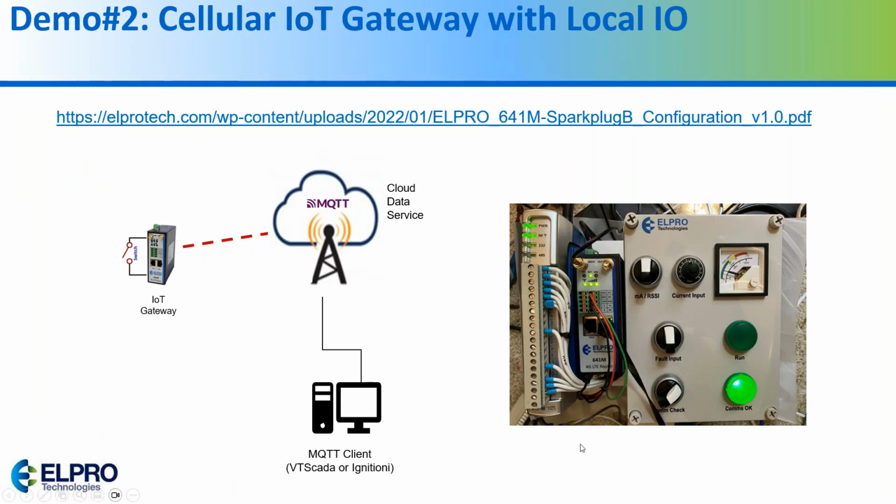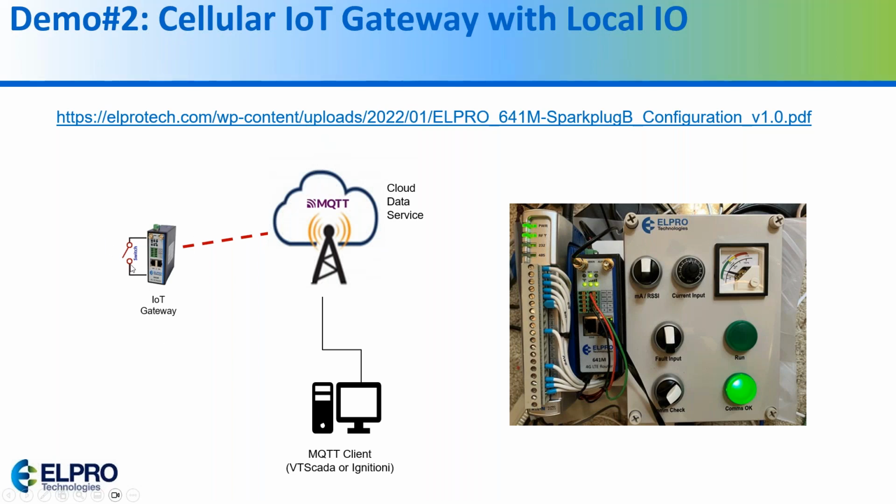Demo 2, I have it wired up right here, communicating. It's the 641M. We have a configuration for Sparkplug B posted on our website, so I followed that, and I'm going to show you that within the actual radio.